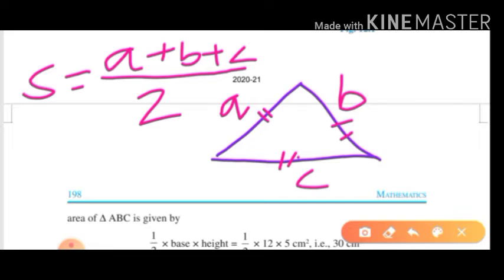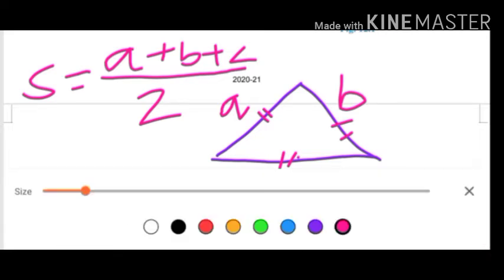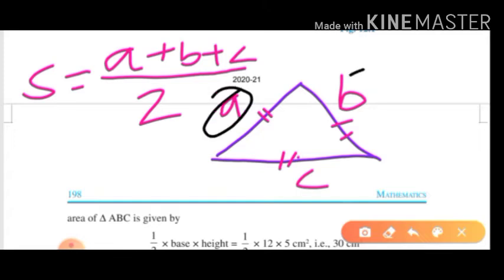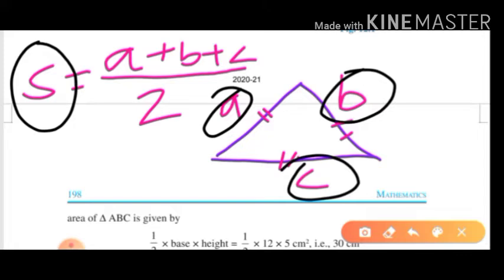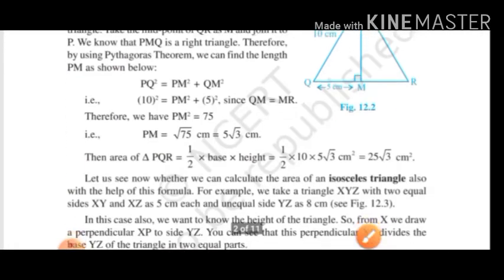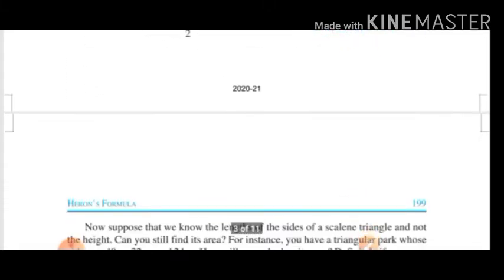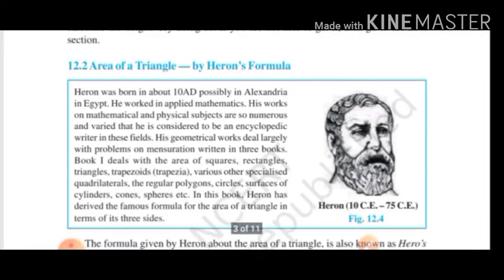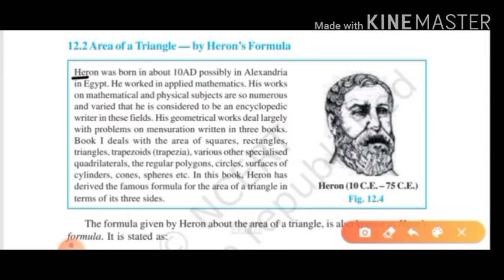So you need to know the sides A, B and C, and the semi perimeter S, and with the help of these we can find the area of a triangle. It is given by Heron, so it is known as Heron's formula.